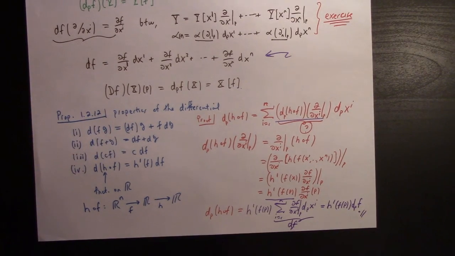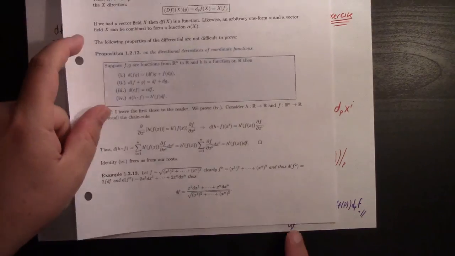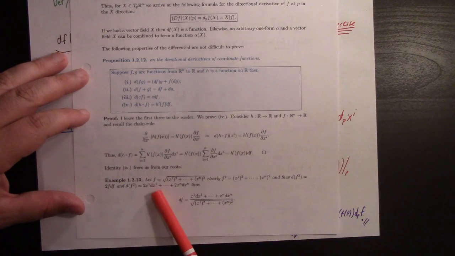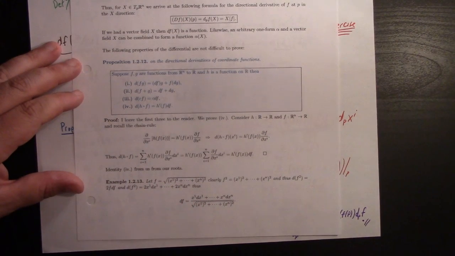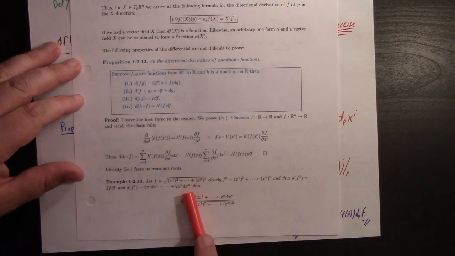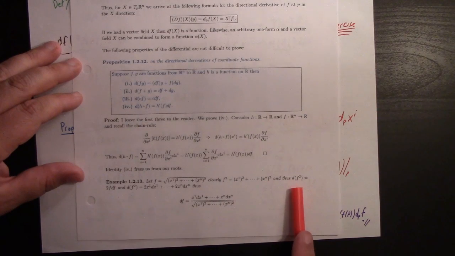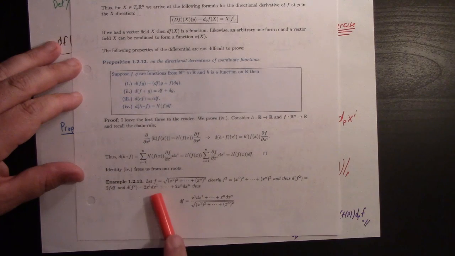And that's really nice because, as I mentioned in the notes, it's really handy if you want to calculate the differential of f, say, as the distance function. Instead of calculating it directly, I would square it. Then I get the distance squared function, which is easy to take the total differential of. I get 2x1 dx1 and so forth.